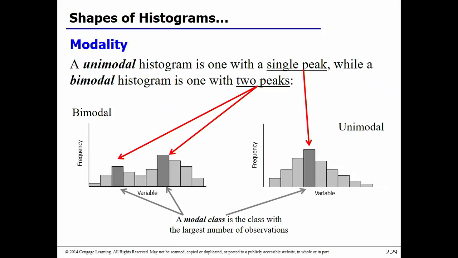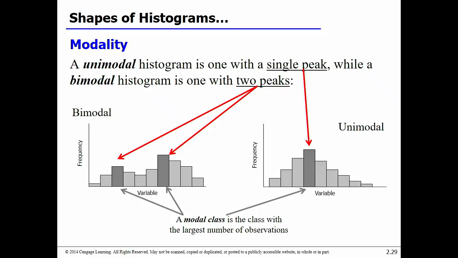We also want to talk about a histogram's modality. The modal class is the class with the most observations, so the highest peak is the modal class. A histogram can be unimodal, like this one, with one clear peak.